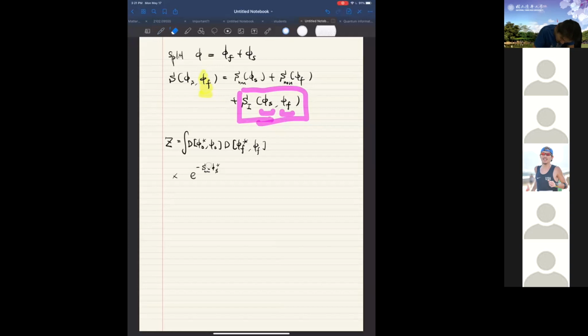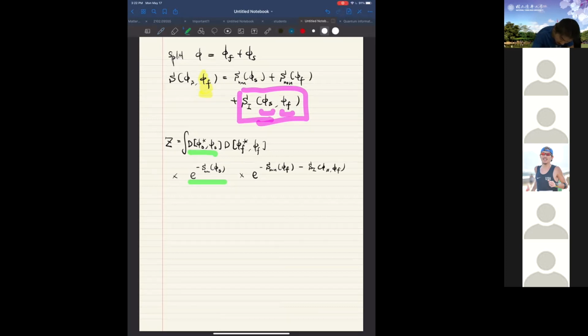Then the other part is the fast part, so this is the action, non-interacting part for the fast field, and then of course minus the interacting part of the slow and the fast field.